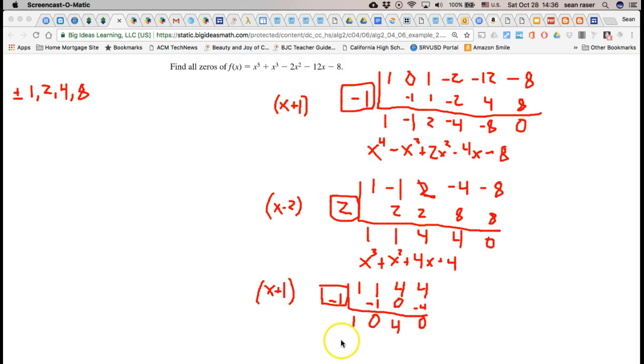What we're left with is x squared plus 0x plus 4. I'm going to write out our factored polynomial right here.